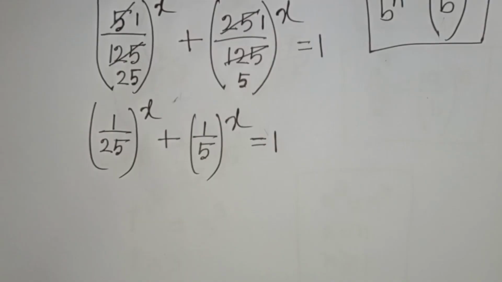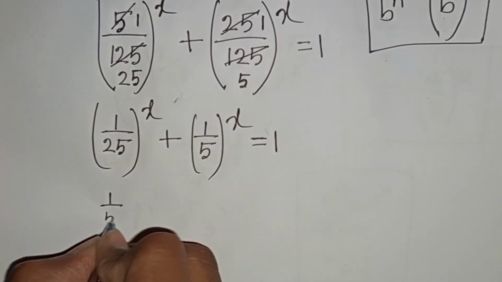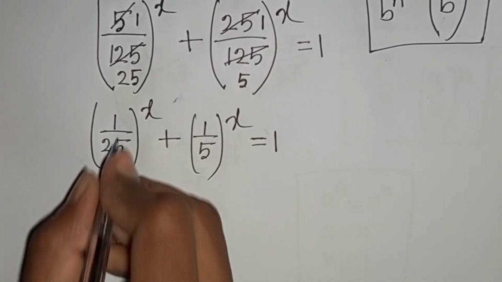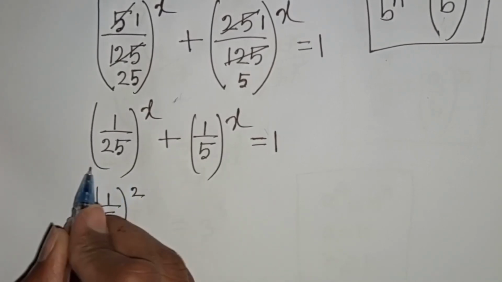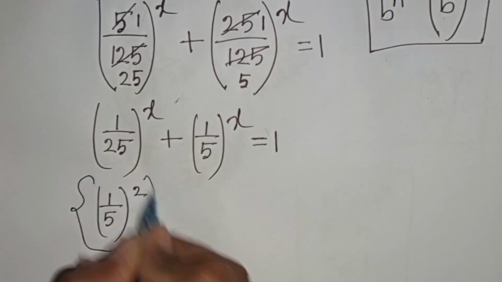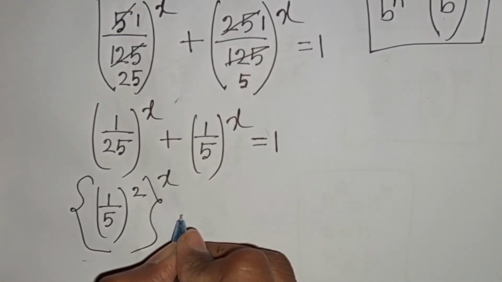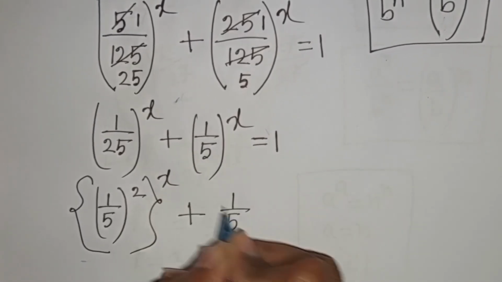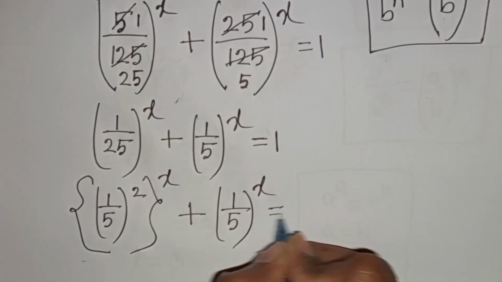Now 1 by 25 can be written as 1 by 5 bracket power 2. 1 over 5 square is same as 1 over 25. Then the first bracket can be written as second bracket, then power of x plus 1 by 5 bracket power x is equal to 1.